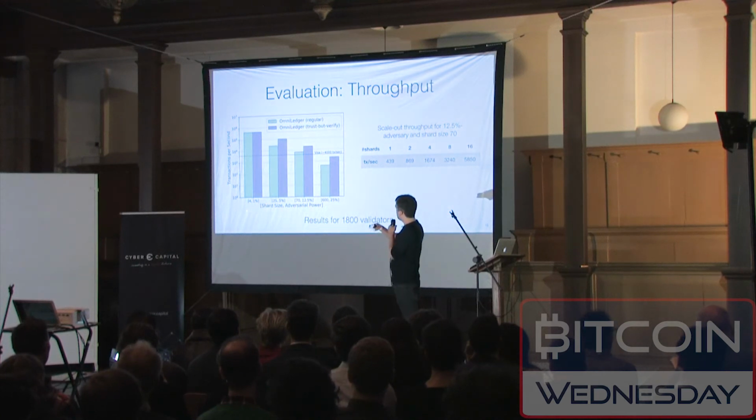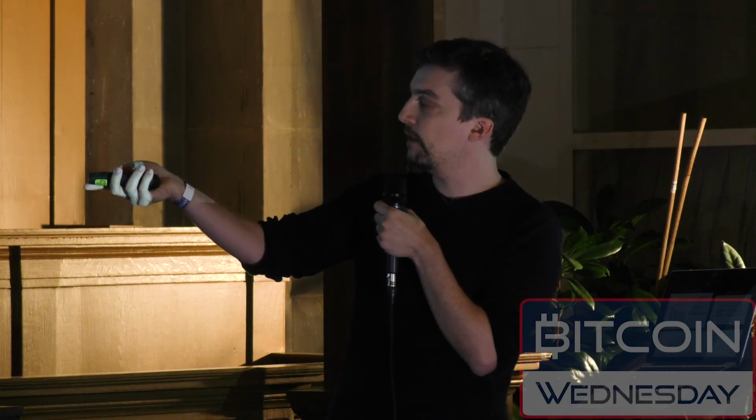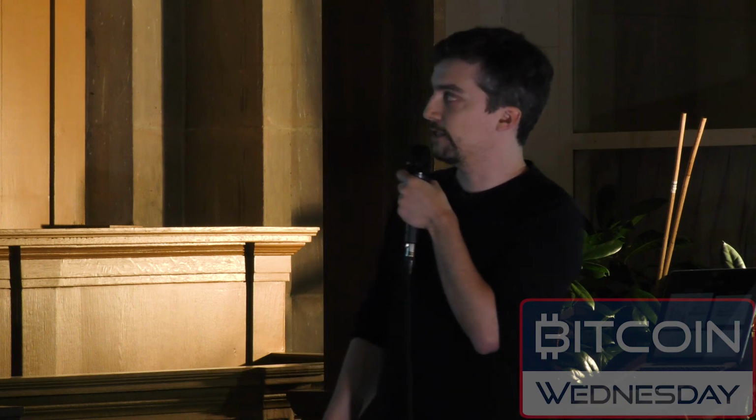And as you can see, depending on the adversarial power, so the further right the bars, the higher the adversarial power, you can already see for a shard size of 70 and an adversary of 12.5%, we get easily above the transaction throughput that Visa is doing.